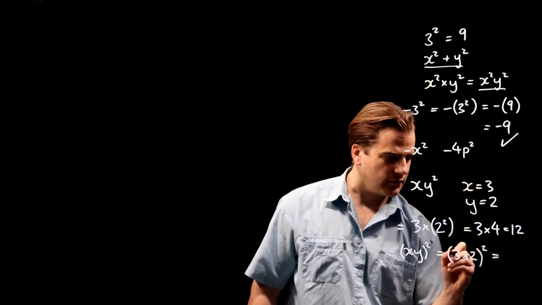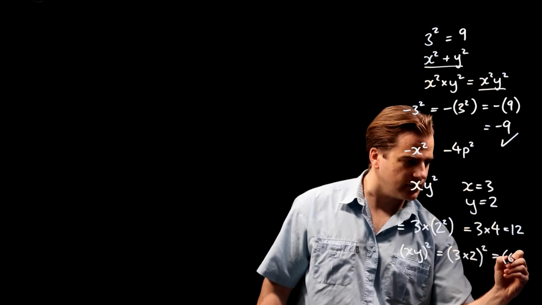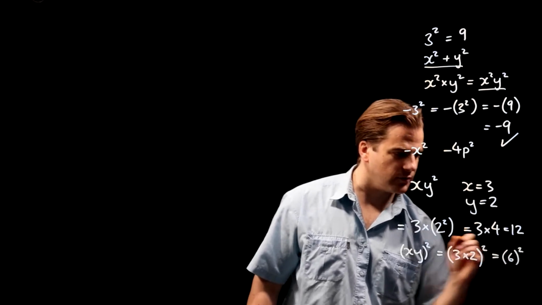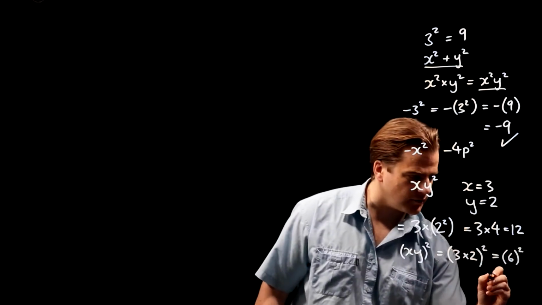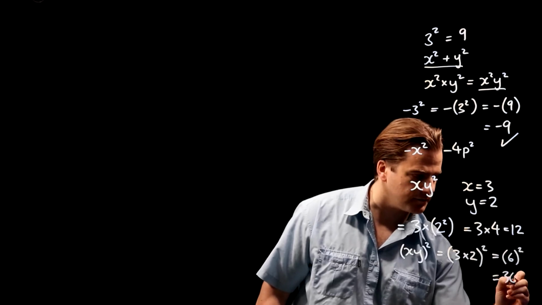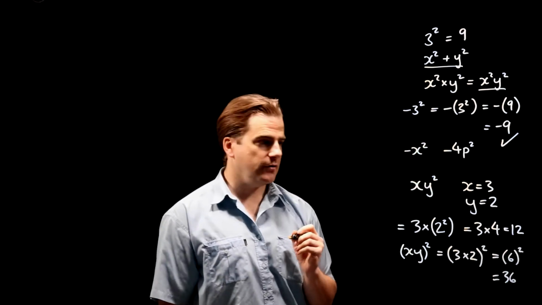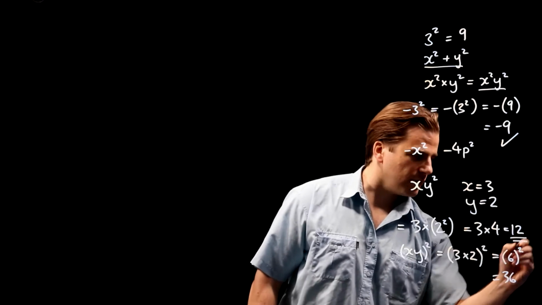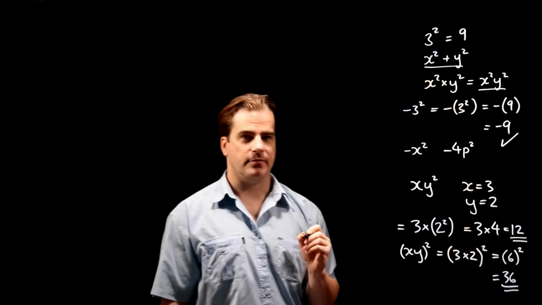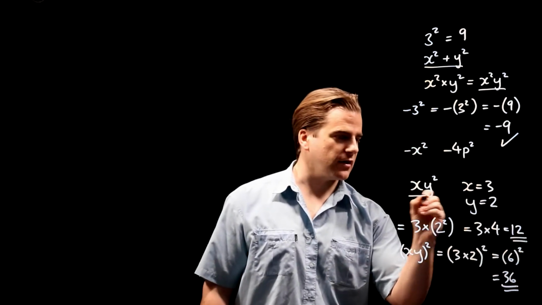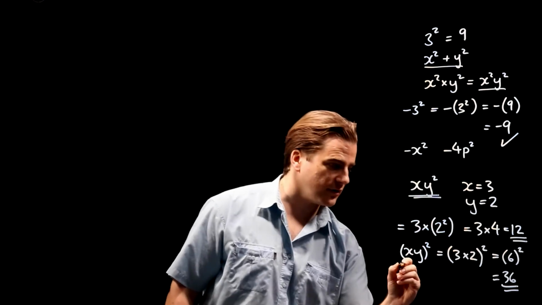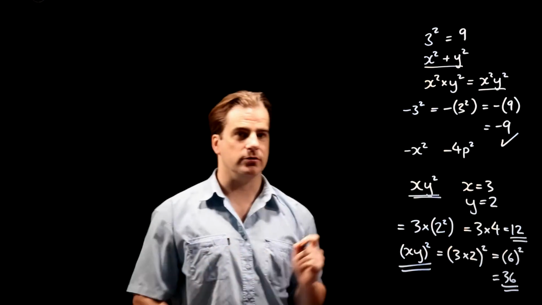Which is 3 times 2 is 6, all squared. 6 times 6 is 36. See, I told you 12 and 36 are not the same, which shows that xy squared is not the same as xy all squared.